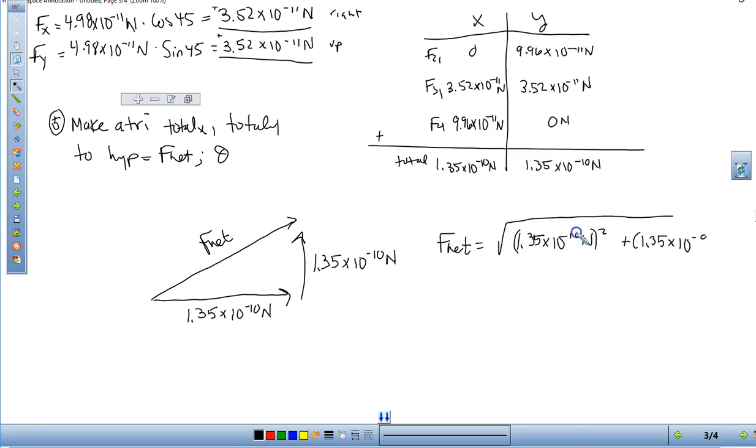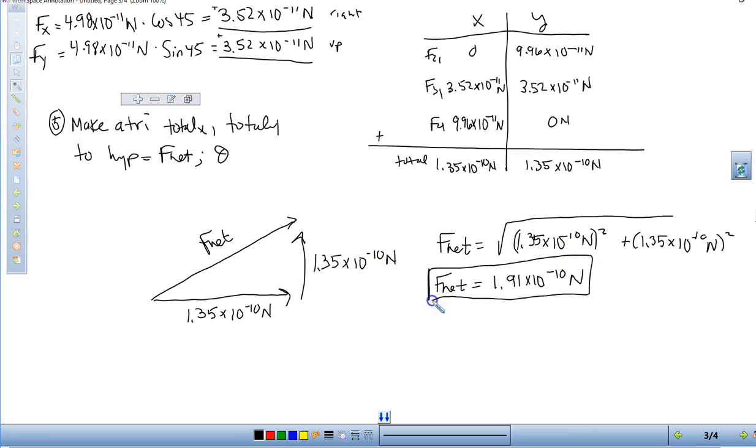Keep checking. 10 newtons squared. So I'm going to go ahead and solve this out. Alright, I get 1.91 times 10 to the negative 10 newtons, like that. So that is my net force.